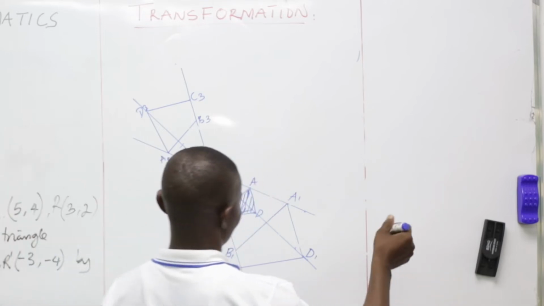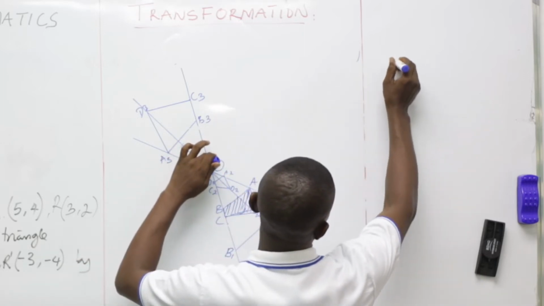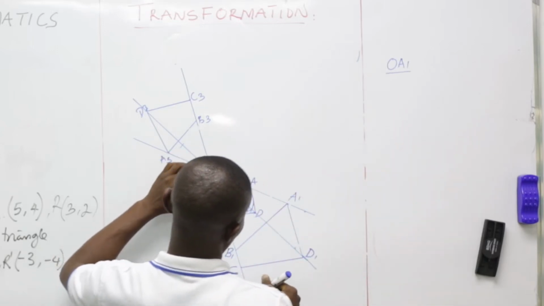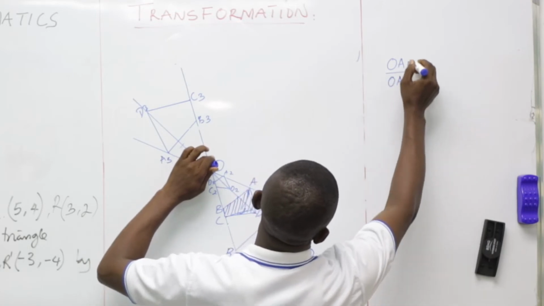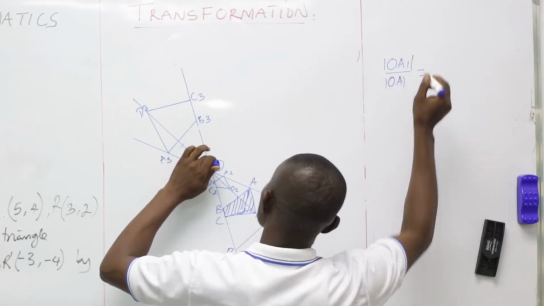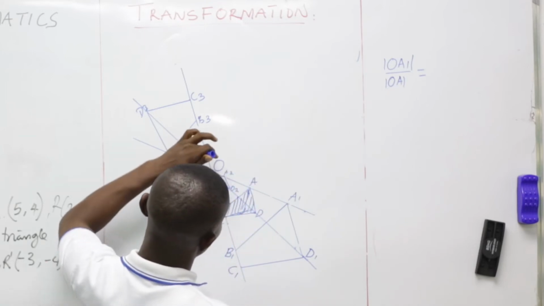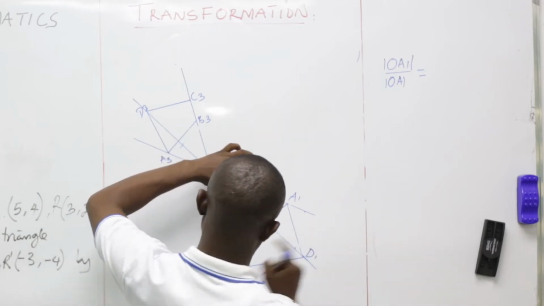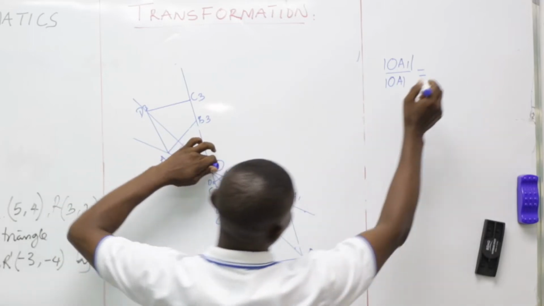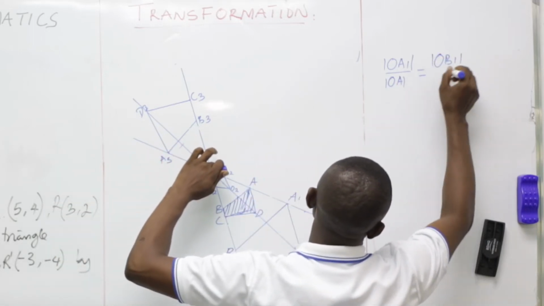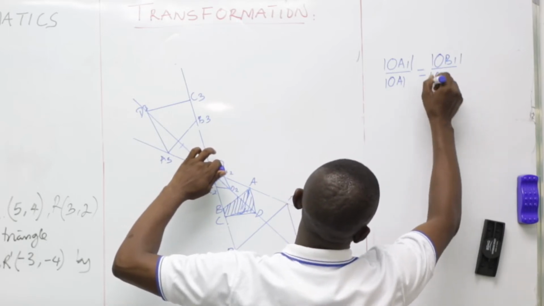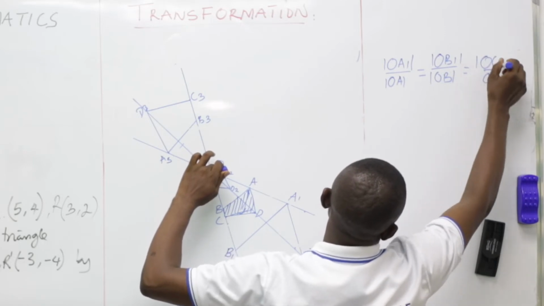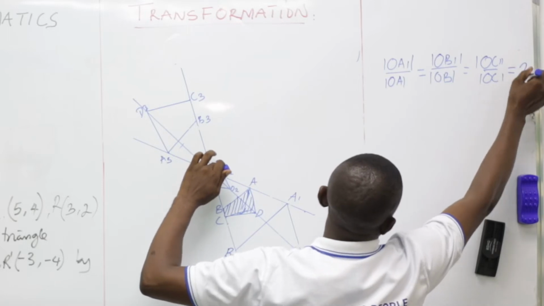Whereby you say OA1 all over OA is equal to OB1 all over OB equals OC1 all over OC equals 2.